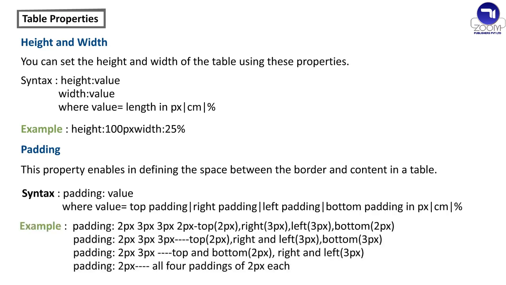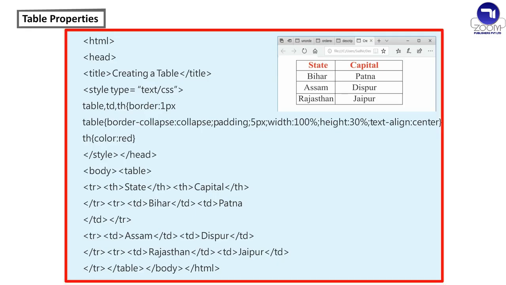Example: padding: 2px 3px 3px 2px, top 2px, right 3px, bottom 3px, left 2px. Padding: 2px 3px 3px, top 2px, right and left 3px, bottom 3px. Padding: 2px 3px, top and bottom 2px, right and left 3px. Padding: 2px, all four paddings of 2 pixels each.